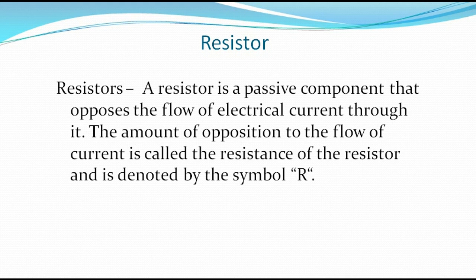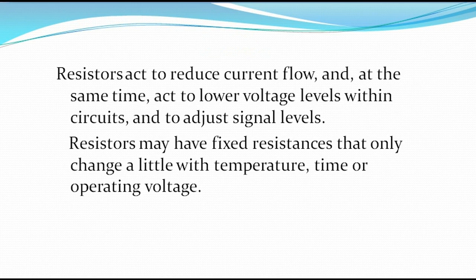The amount of opposition to the flow of current is called the resistance of the resistor, and the symbol is denoted as R. So that is the simple definition of a resistor, and the symbol of resistor is capital R.